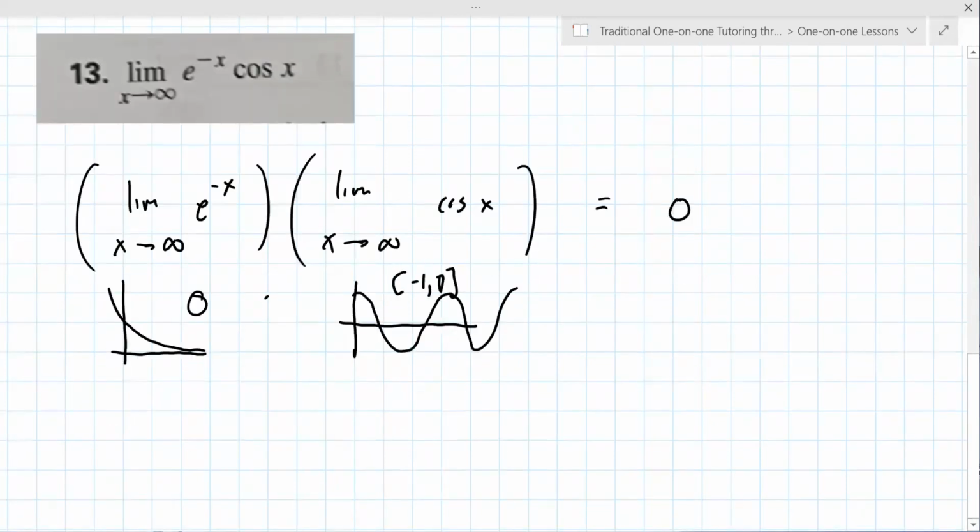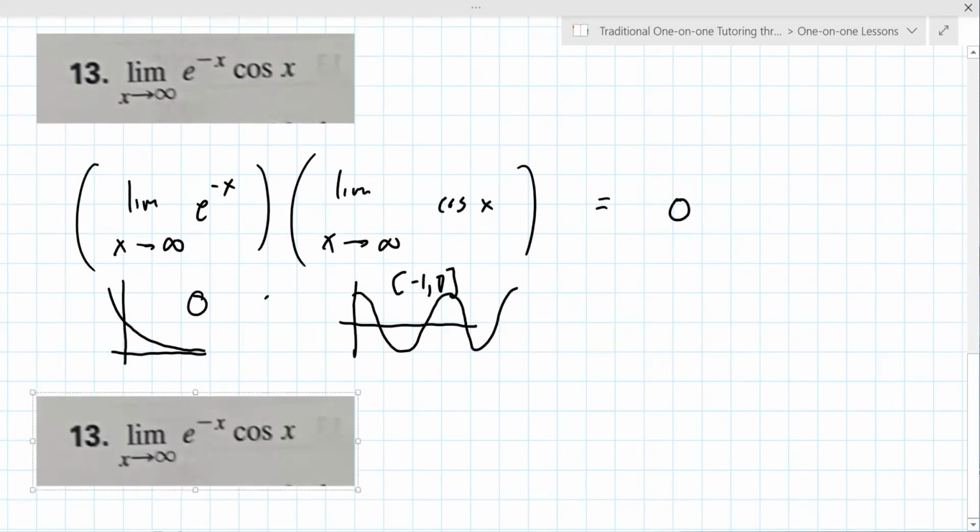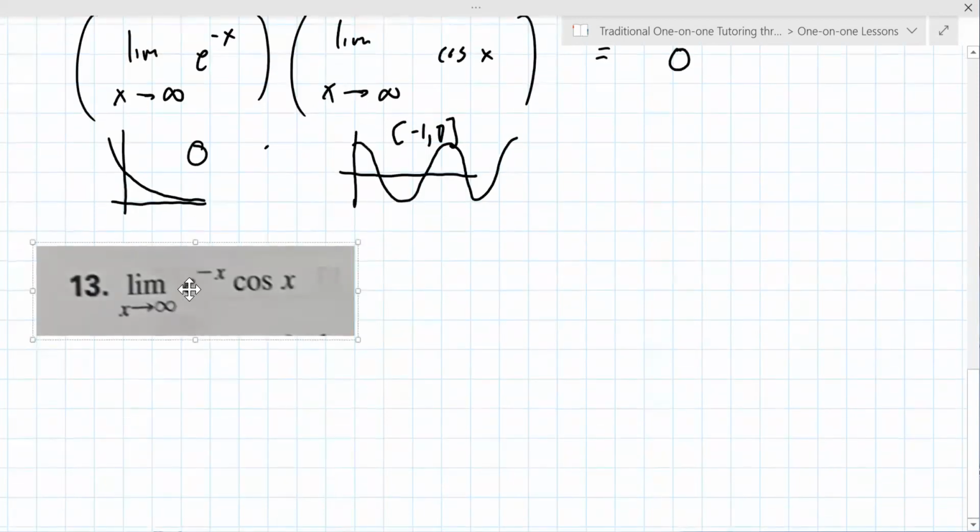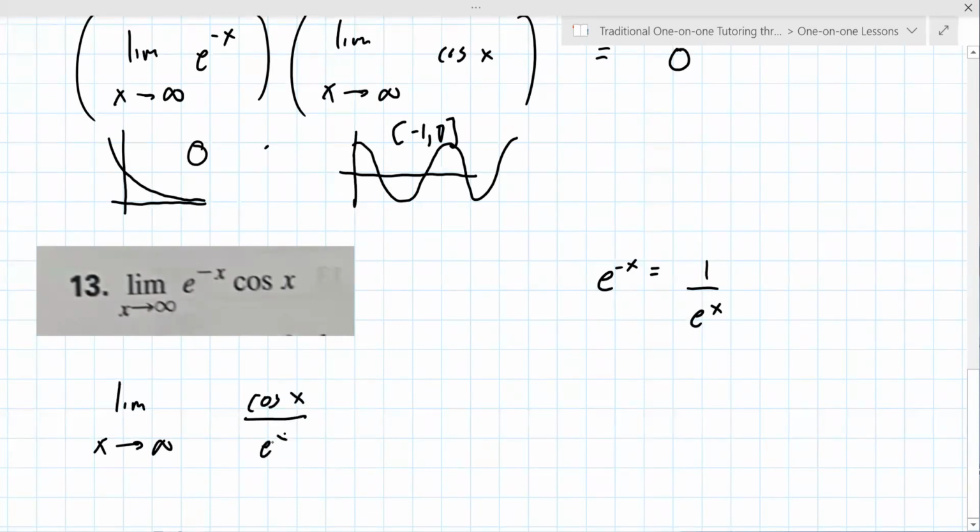Now, alternatively, you can do a bit of manipulation with these. E to the minus x is equal to 1 over e to the x. So this can be rewritten as limit as x goes to infinity cosine x over e to the x. And then it's the same process.